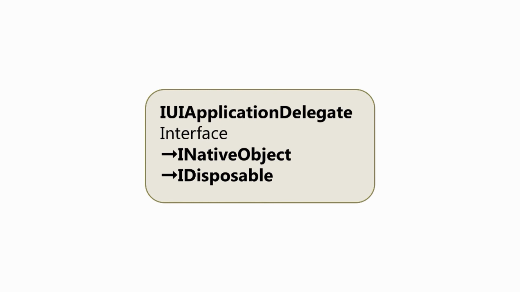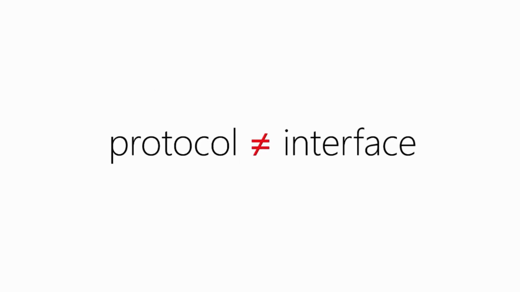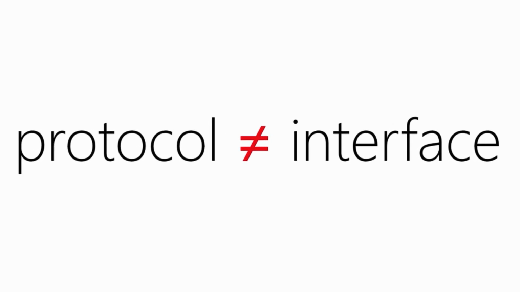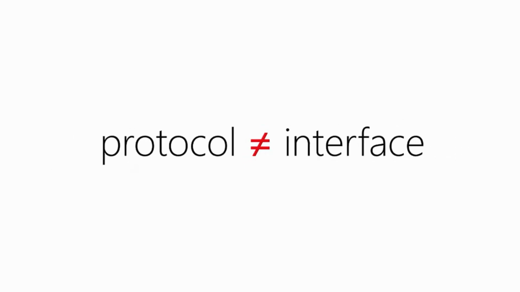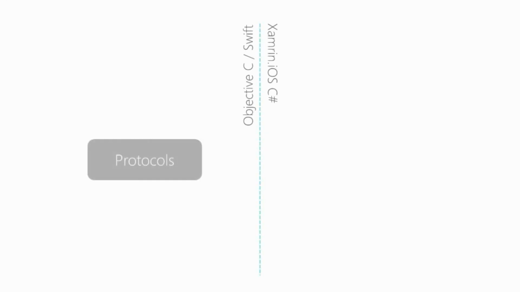Implementing a protocol in Apple's lingo is conforming to a protocol, and it's possible to conform to or implement multiple protocols on the same class. Protocols are similar to interfaces, but they're not exactly the same. Protocols can define methods or properties which are considered optional to the contract, and they can also define static, called class-level operations, which do not require an instance to invoke.